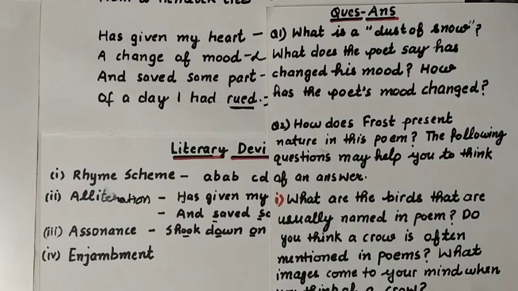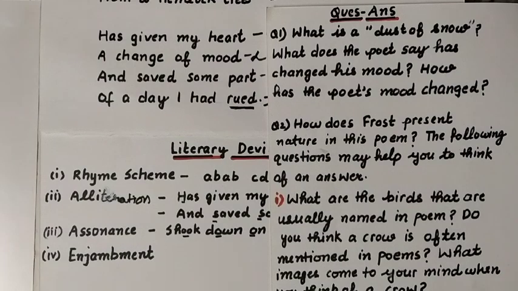Okay. So coming to the first part, dust of snow refers to the tiny particles of snow. The particles are so small that the poet referred to them as dust. And moving on to the second part, which says, what does the poet say has changed his mood?